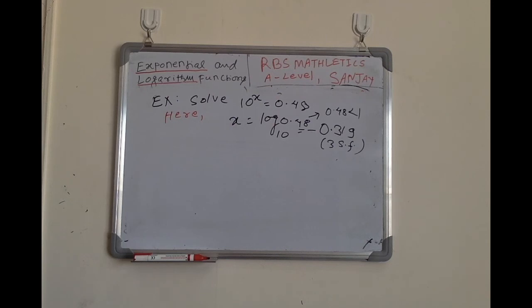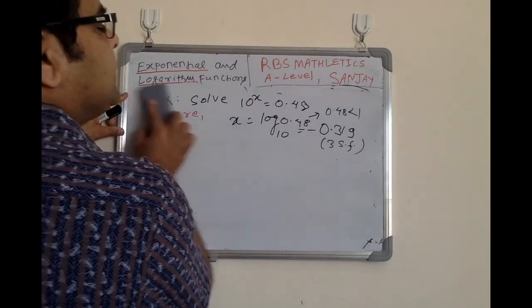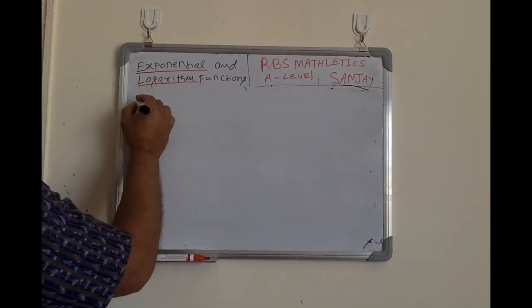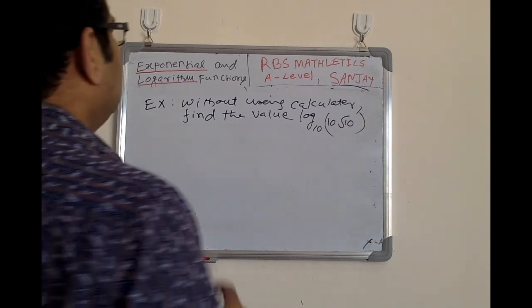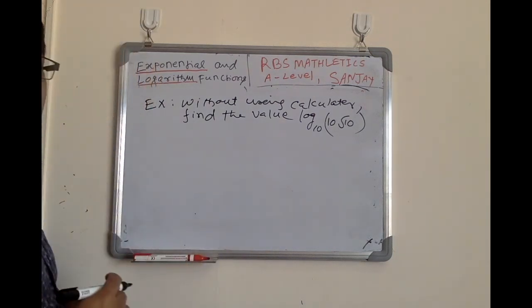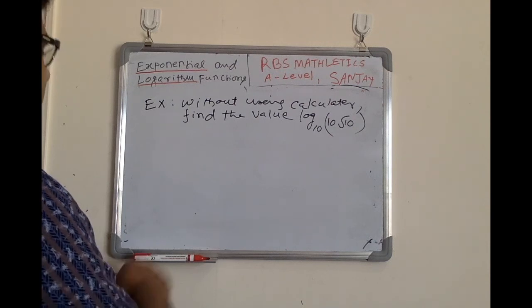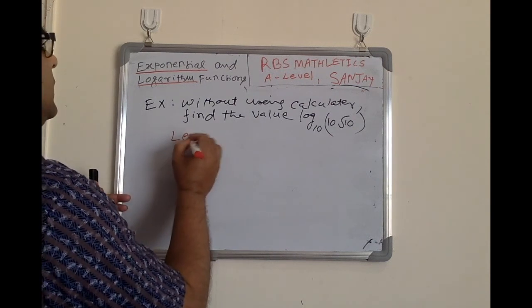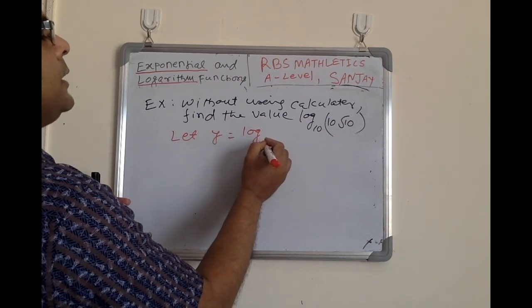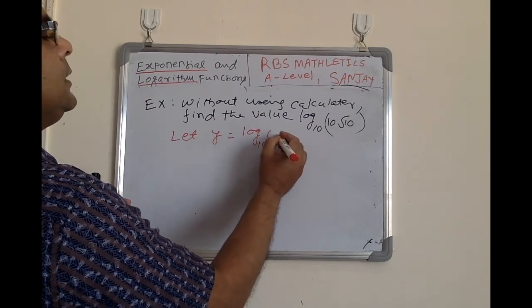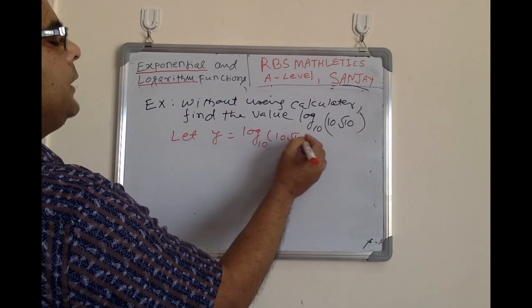Now I'll discuss another example. Let me clear this first. Another example I'm going to write is log base 10 of 10 root 10. Suppose y equals log base 10 of 10 root 10.